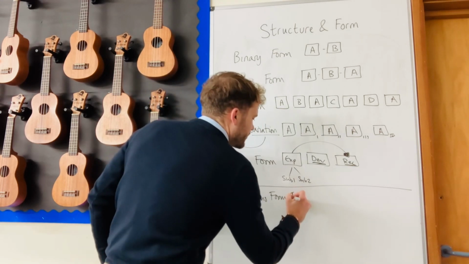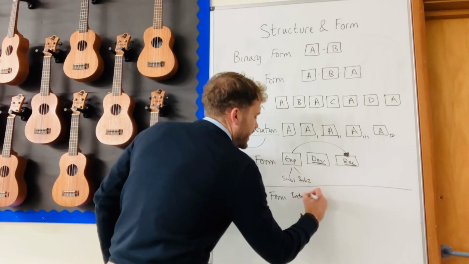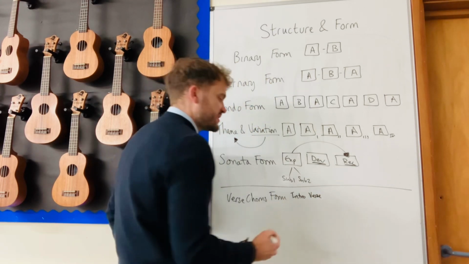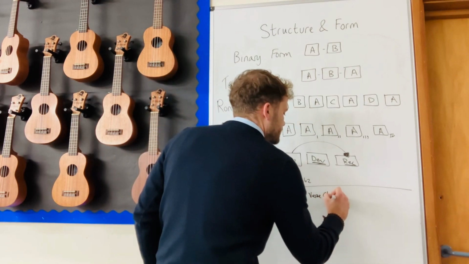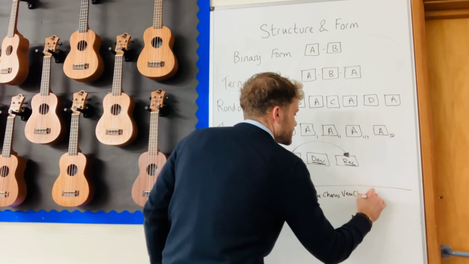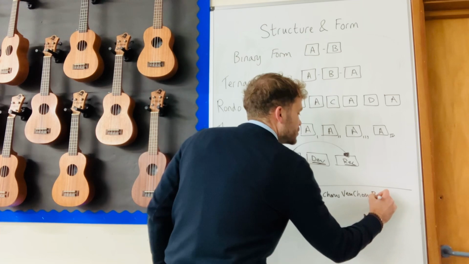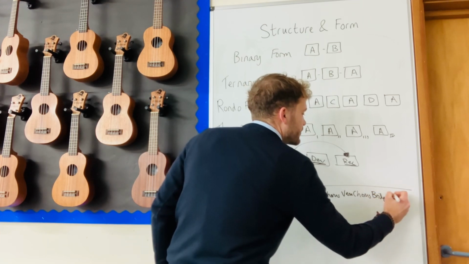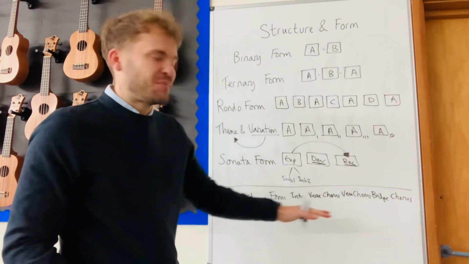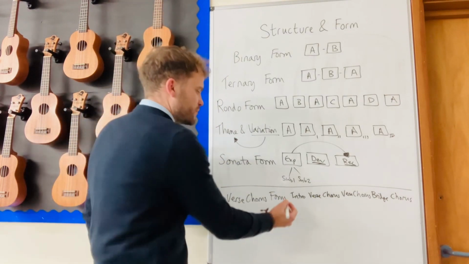So we probably have an intro, a verse, and then sometimes a pre-chorus, but we'll keep it simple. We have a chorus, another verse, another chorus, then we would have a bridge or a middle 8 section, and then finally we'd finish with a chorus. That is a very, very, very basic verse-chorus form structure.